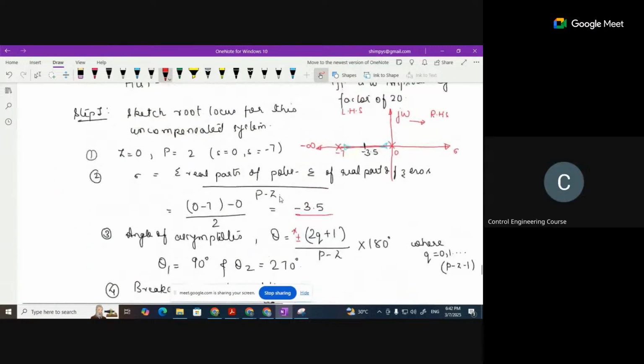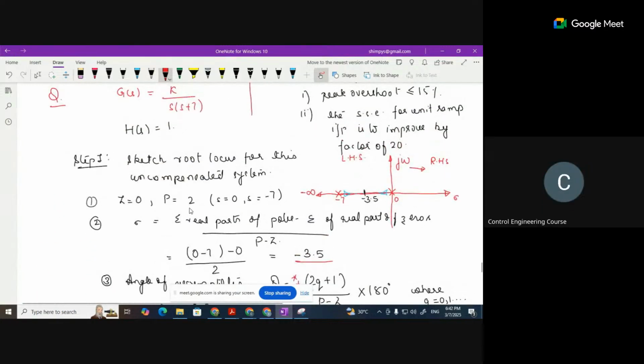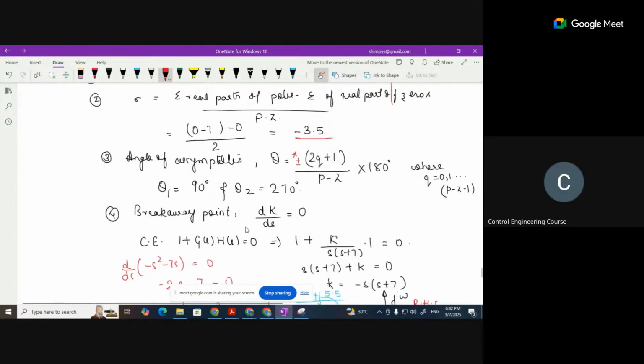N minus m here means p minus z, right? So if we keep that as 3, p minus z comes as 3, then we will have (2q plus 1) by 3 into 180. So will it still be applicable if we don't consider the negatives?